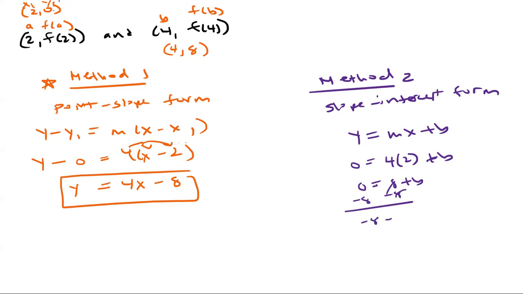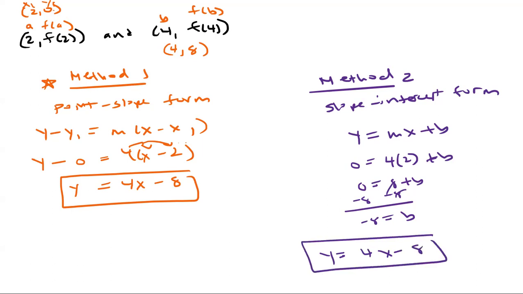We have negative 8 equals b. But you're like, wait, I got a b here. We're supposed to get an equation. Well, we do. We're just going to rewrite this as y is equal, and we already know our slope, which was 4, so y equals 4x minus 8.